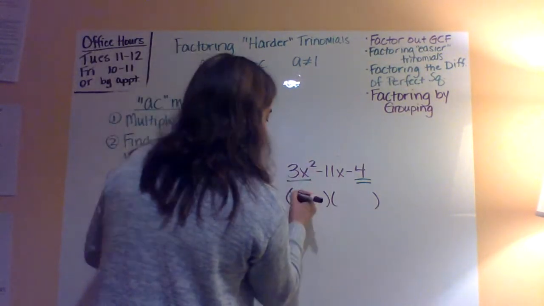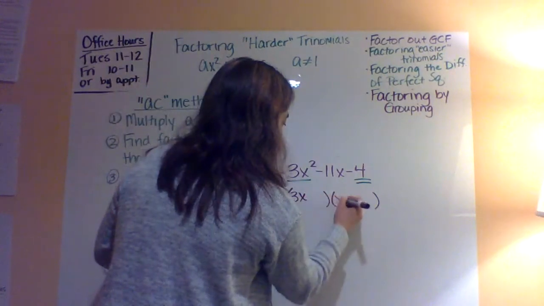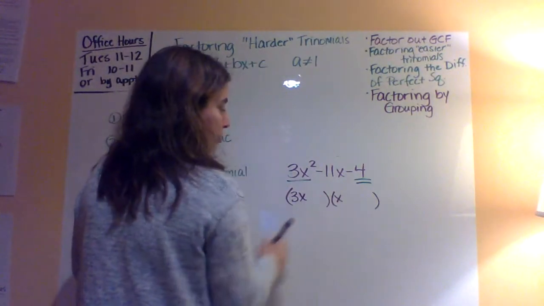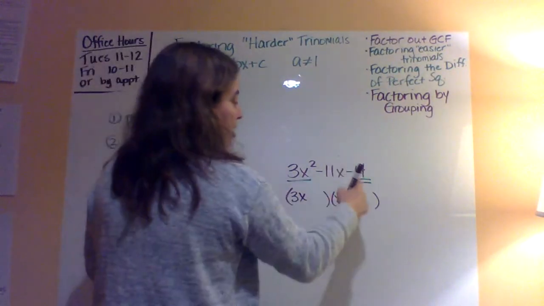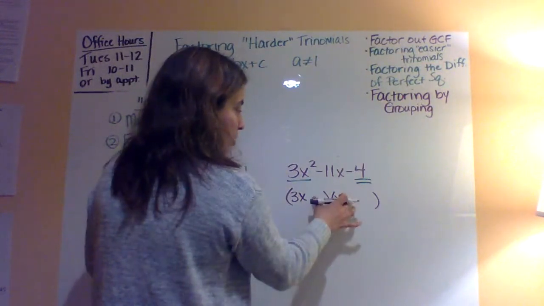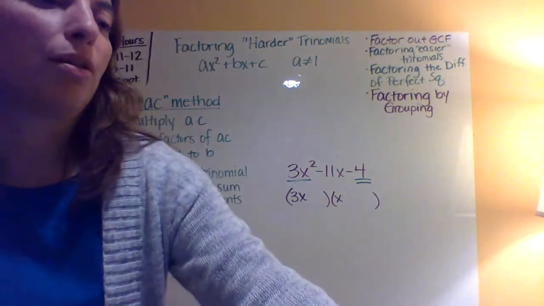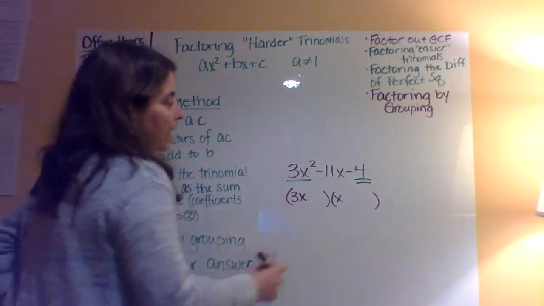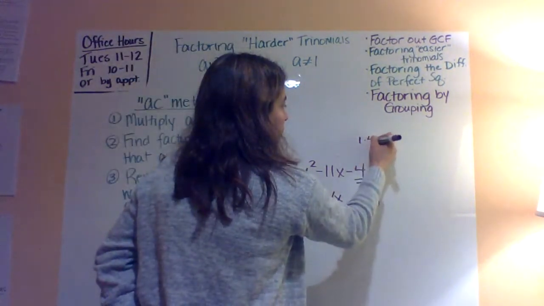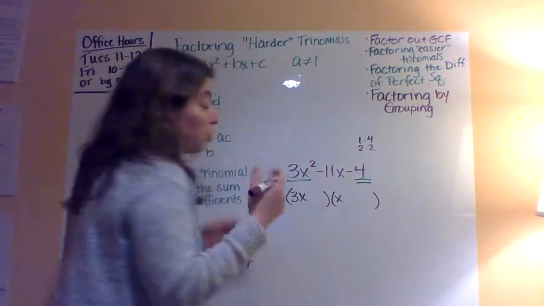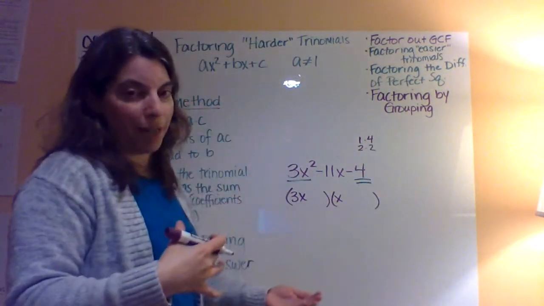So 3x squared has to be 3x times x, because the only way to make 3 is 3 times 1. I know the signs have to be different, but which one is plus and minus now does matter because of that 3 out front. And I know that 4 could be 1 and 4 or 2 and 2 with one of those plus and one of those minus.